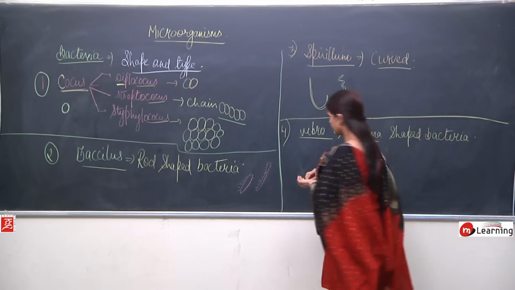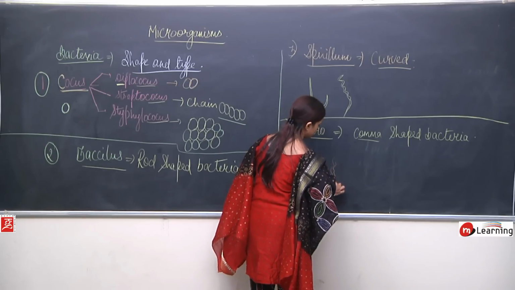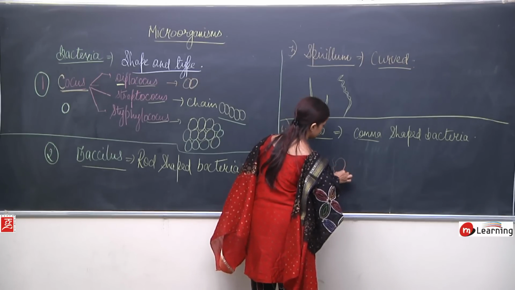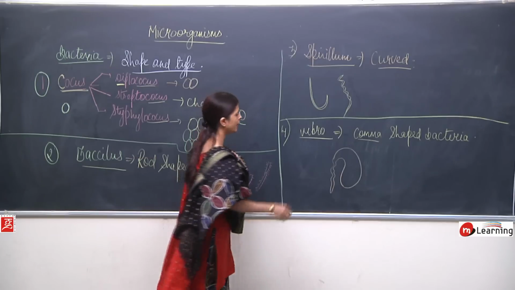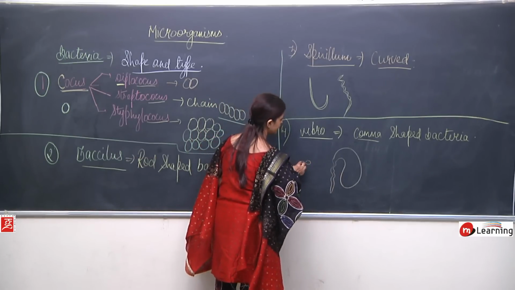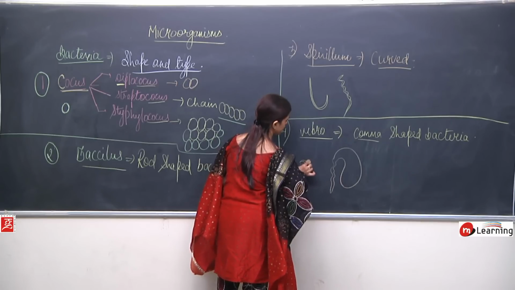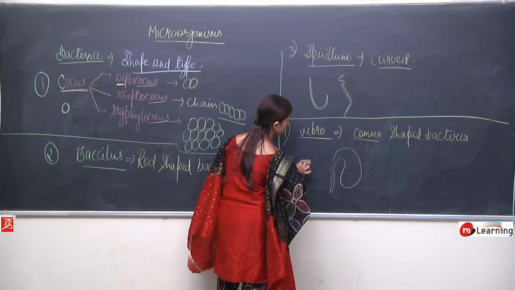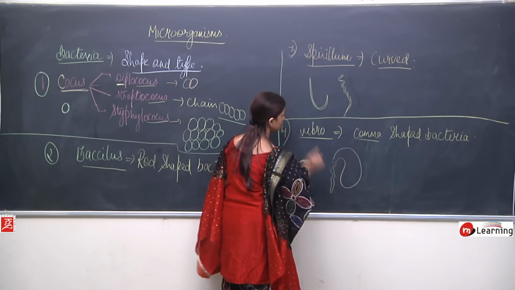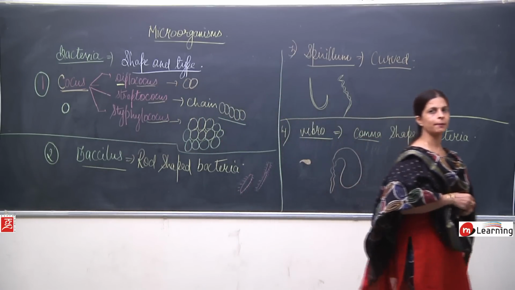Now, let me draw over here. This is the comma shaped bacteria, or even the slightest like this. So, this is vibrio, which is a comma shaped bacteria. So, these are the different shapes of the bacteria.